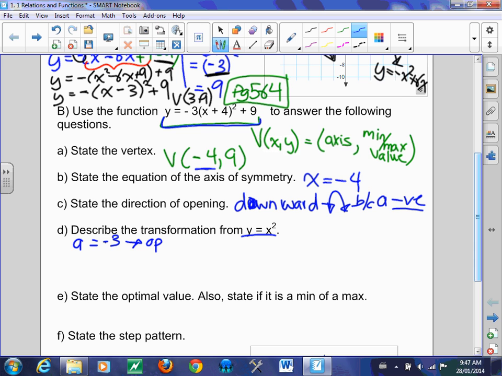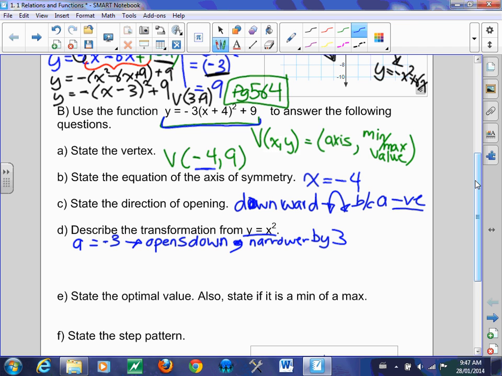It opens down, or reflects in the x-axis. I want you to get used to that. And the 3 part tells us the step pattern is going to make it narrower by 3.